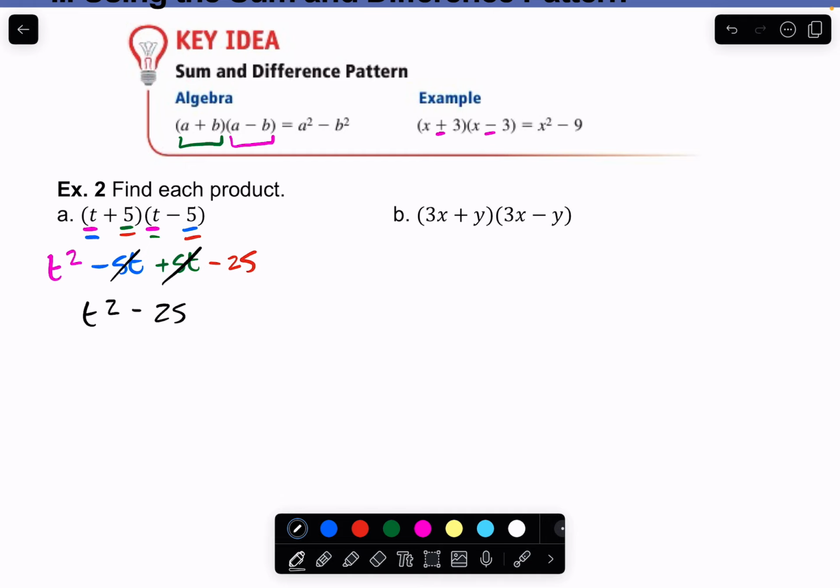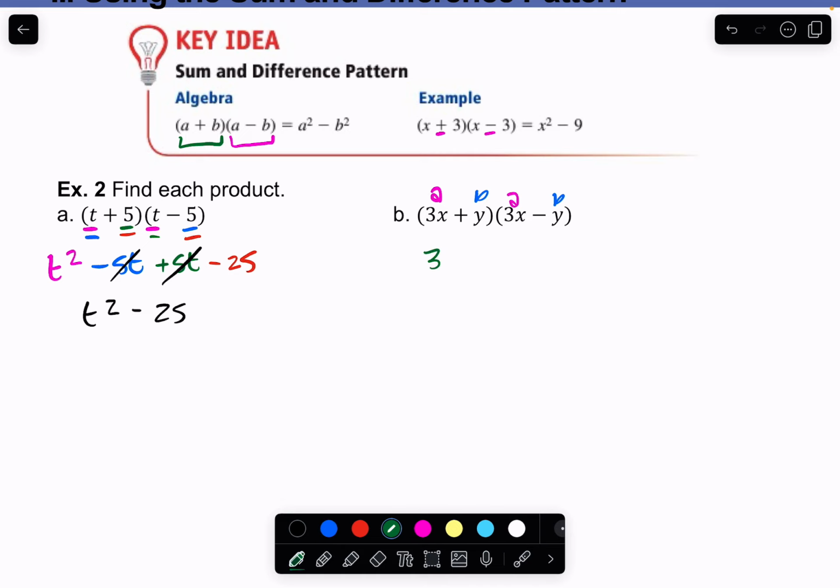So now let's do this next one without FOILing first. We've got (3x plus y) times (3x minus y). That matches our sum and difference pattern. Here is our a. Here is our b. Again, 3x is a, y is b.